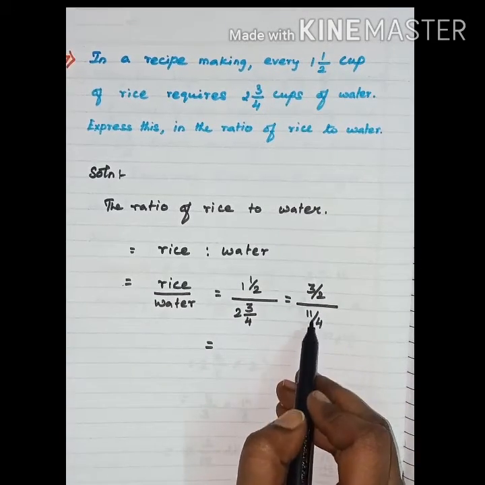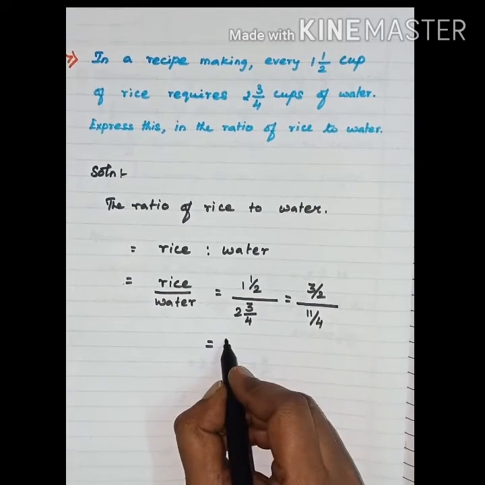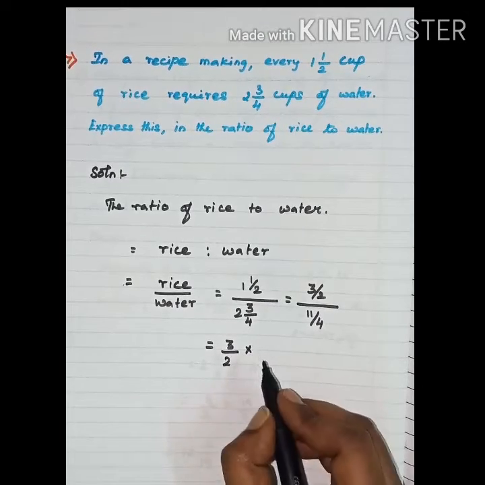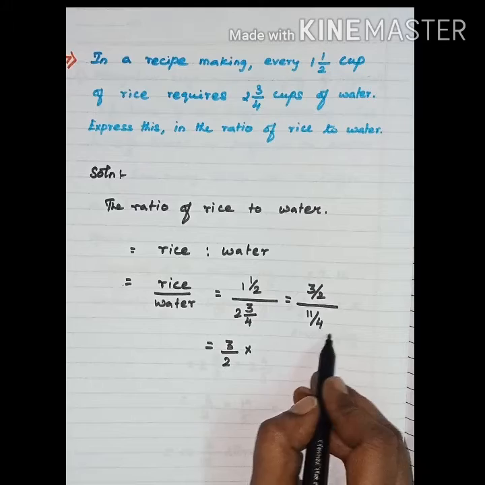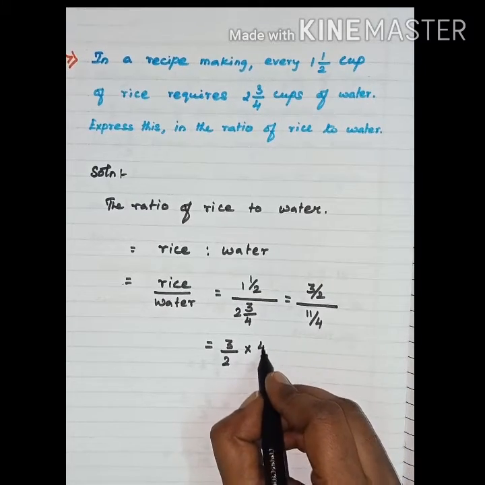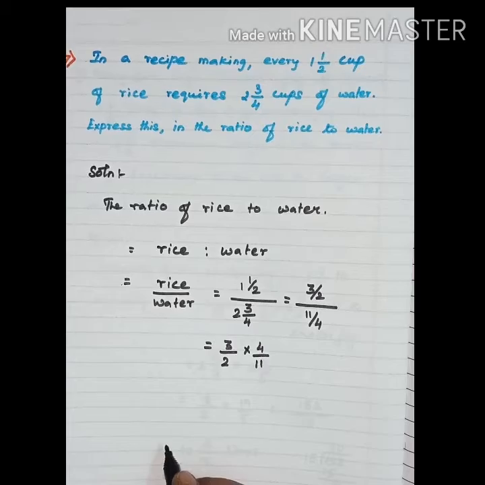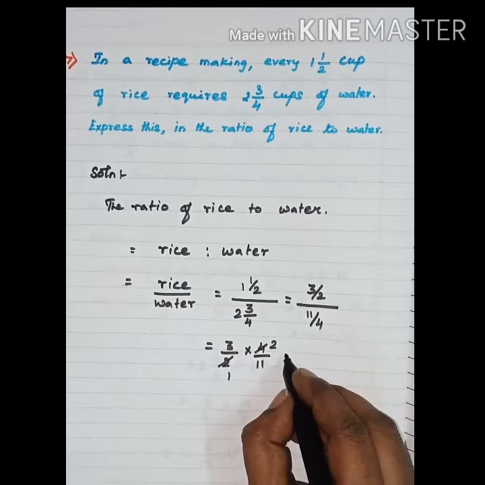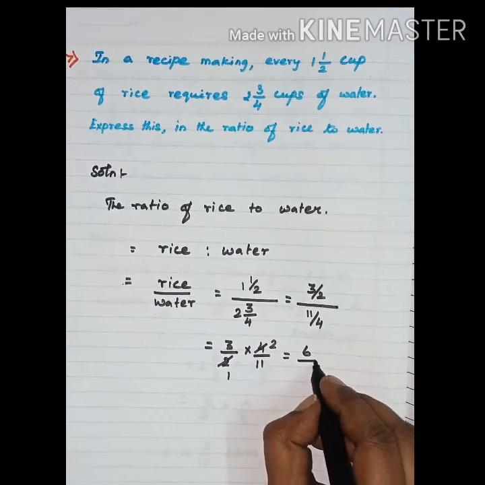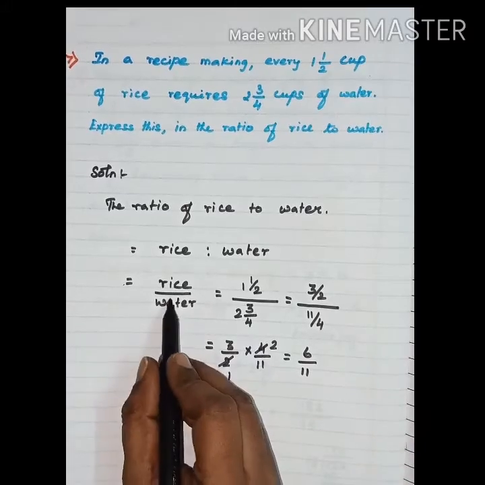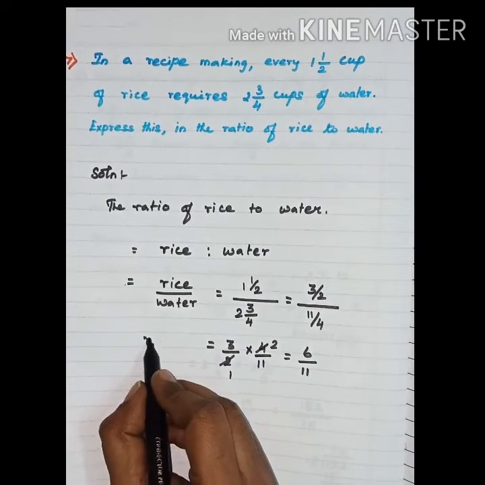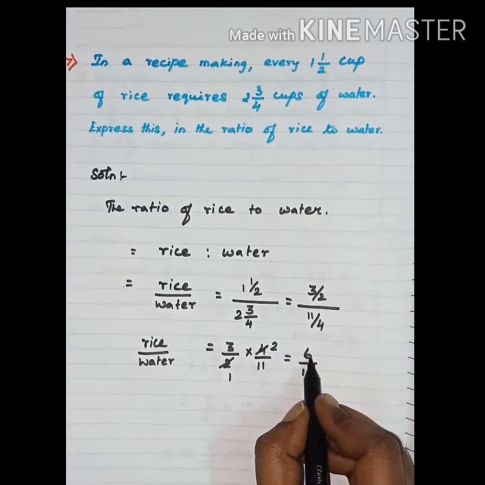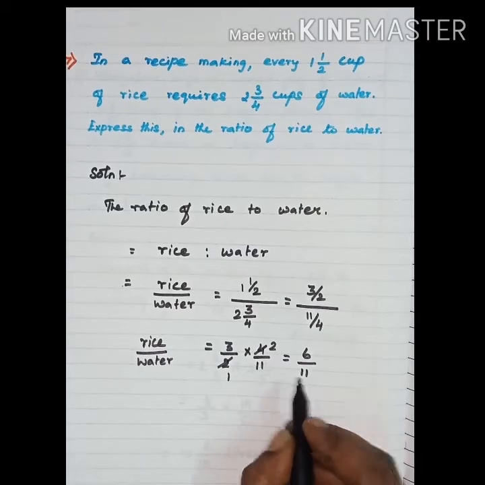Fraction division. We have to write the numerator as it is, put the multiplication symbol and reciprocal of the denominator, that is 4/11. 1 2s are 2. 2 2s are 4. So 6/11. Rice by water is equal to 6/11.